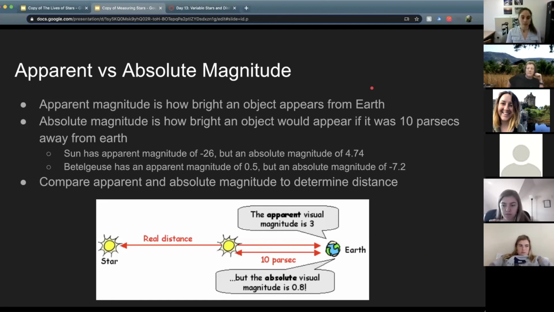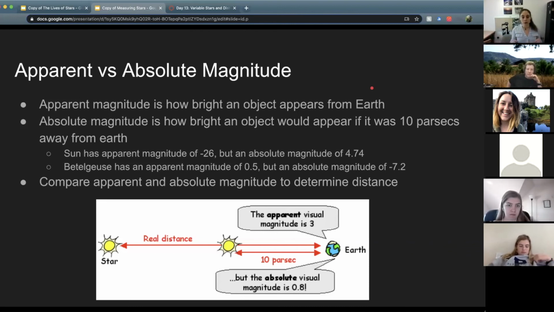On the other hand, Betelgeuse, one of the brighter stars in our sky, has an apparent magnitude of 0.5. If it was 10 parsecs away from us, it would have a magnitude of -7.2. So it would be much, much brighter. Because it's actually further away than 10 parsecs, it looks fainter.